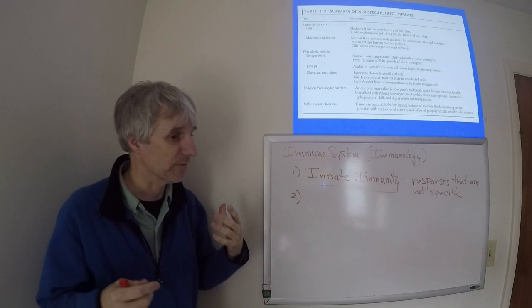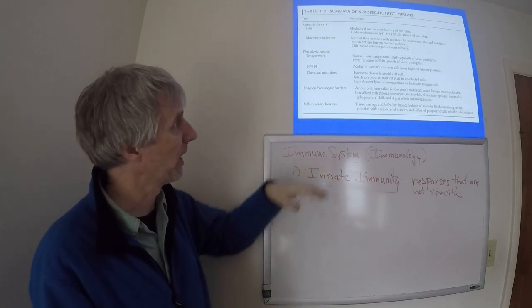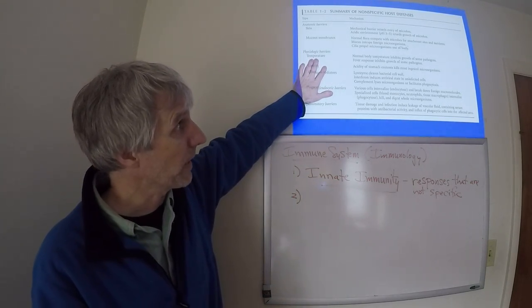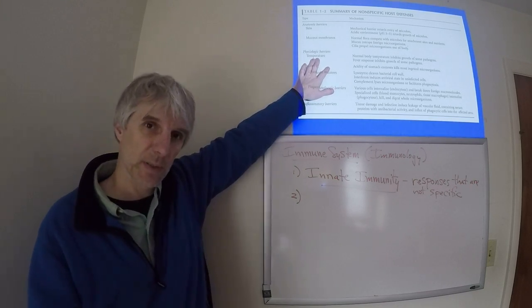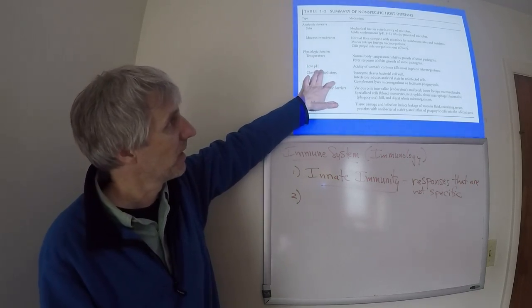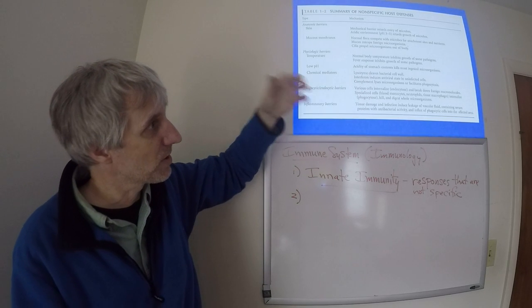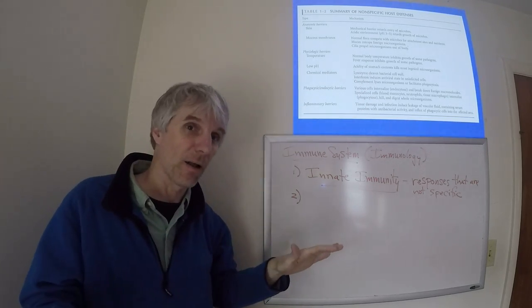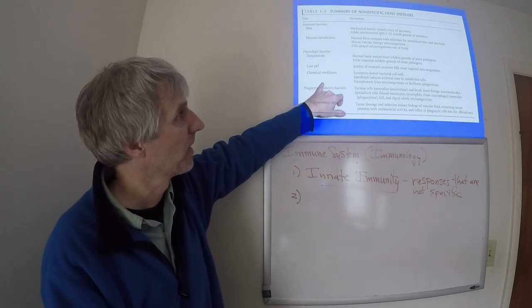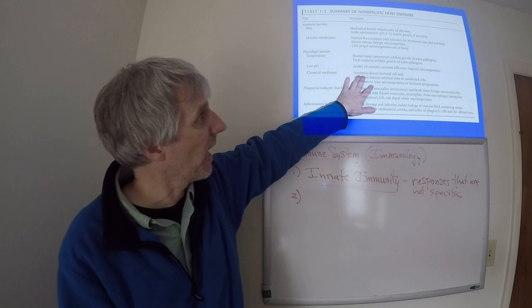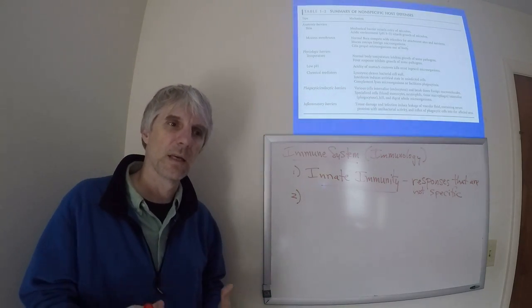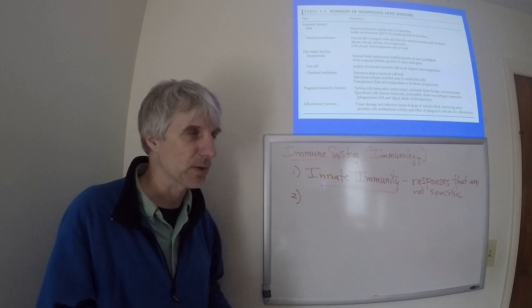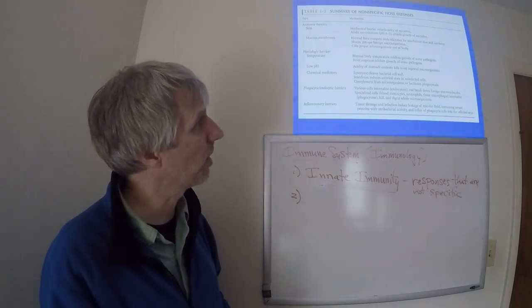We also have physiological barriers. We can increase our body temperature to inhibit the growth of some bacteria. The acidity of the stomach kills a lot of microorganisms, not all of them, but a lot of them. In our saliva, we make this lysozyme stuff that is hydrolytic to peptidoglycan, the major component of bacterial cell walls.